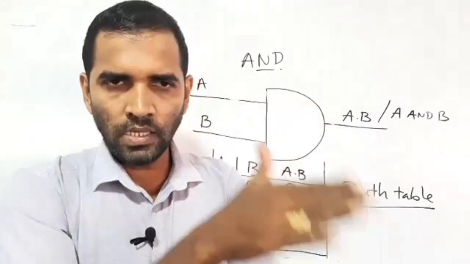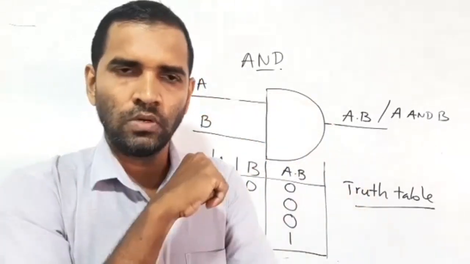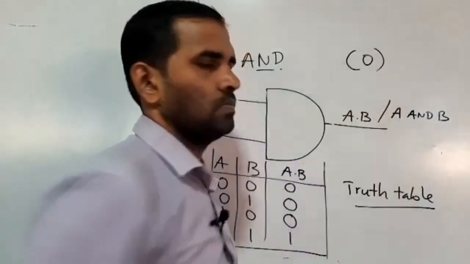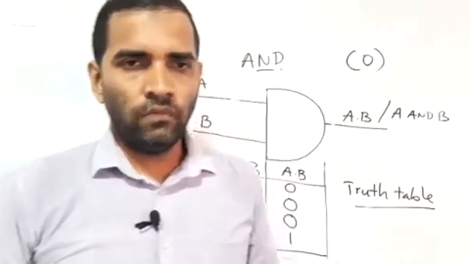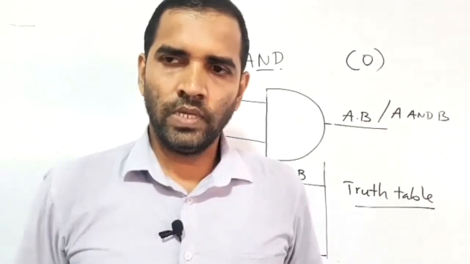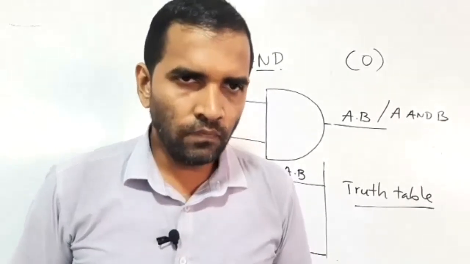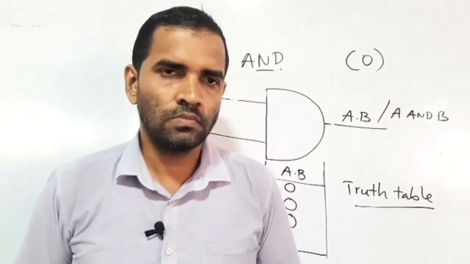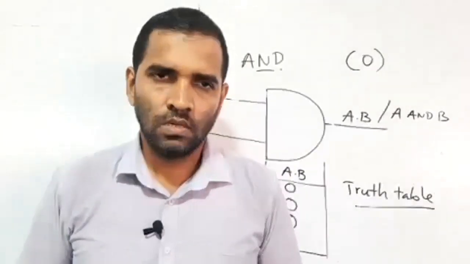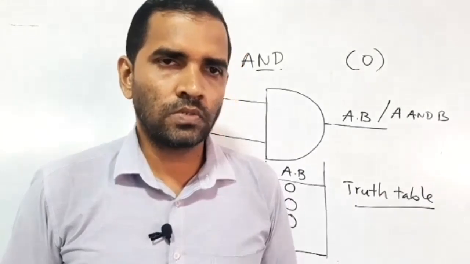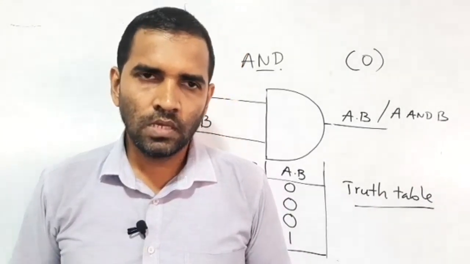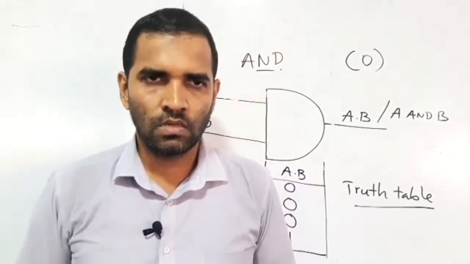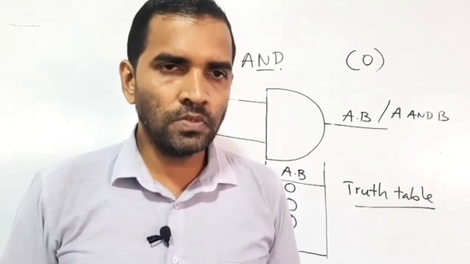I repeat, AND gate produces low output, within bracket 0, when one of its inputs is low.